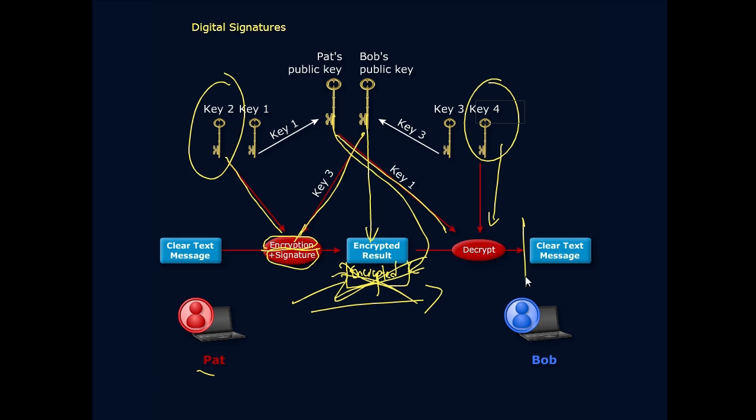The signature was Pat's private key encrypting it, Pat's public key decrypting it. Very nice. We know it came from Pat because this is a private key. No one else has that key, can only be Pat. Then we actually did the encryption using Bob's public key, which Pat used to encrypt it, and then Bob's private key to decrypt the data and get a clear text message.